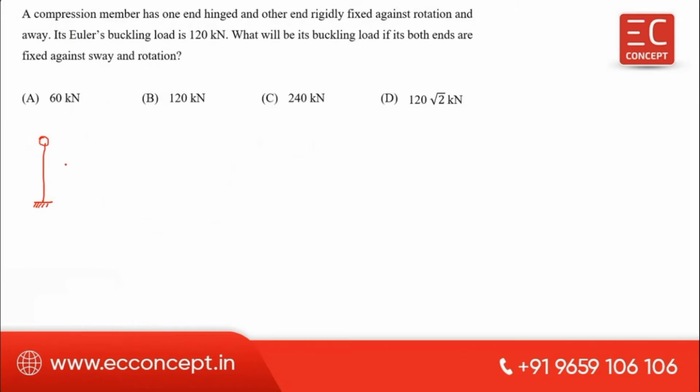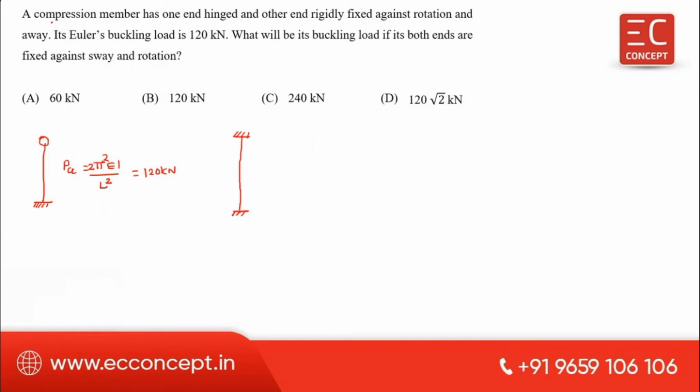So for this, we know that P crippling is equal to 2 pi square EI by L square. They said this value is equal to 120 kilonewton. And they are asking if both ends are rigidly held. Read the statement. What will be its buckling load if both ends are fixed against sway and rotation?